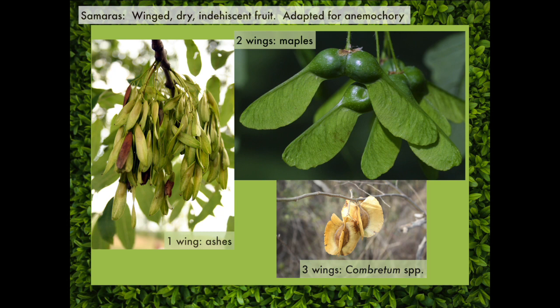And then there's a picture there in the lower right of a combretum, which is a genus of shrubs that grows in Africa. And you can see their samaras, and they have 3 wings. So you're not limited in the number of wings, but they all kind of have the same function by analogy, which is anemochory, or wind dispersal of the fruits and seeds.